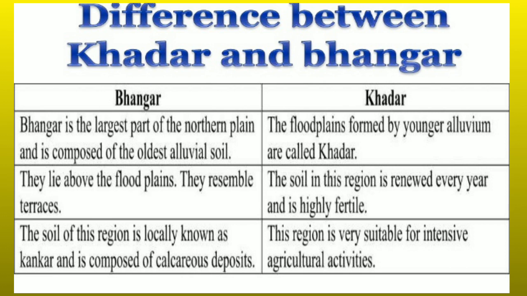Bhangar lies above the flood plains. The soil of this region is locally known as kankar. Kankar is contained in this soil, and in khadar there is no kankar. This region is very suitable for intensive agricultural activities.